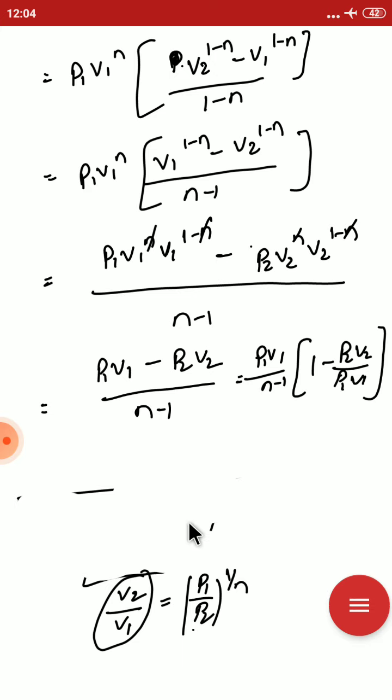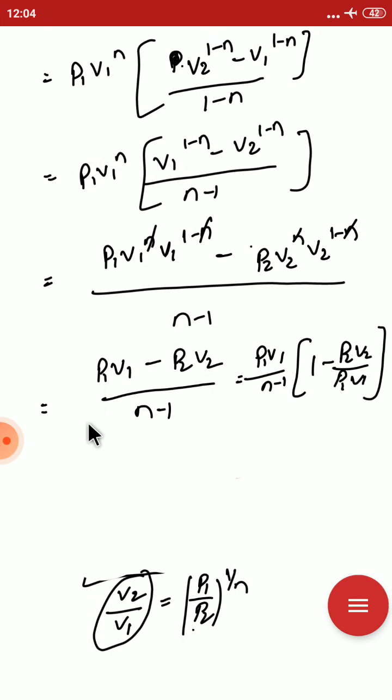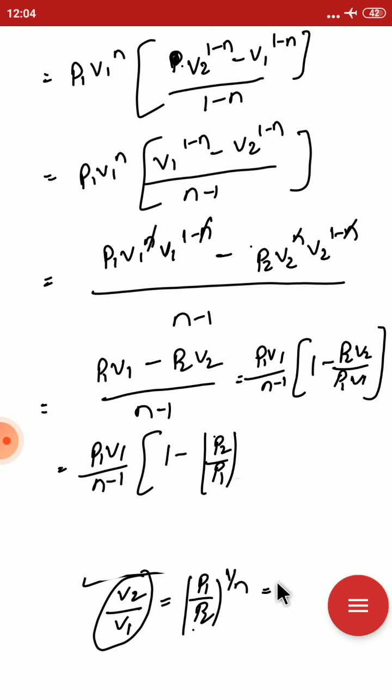With some simplification, this becomes P1 V1 by n minus 1 times 1 minus P2 by P1 raised to n minus 1 by n.